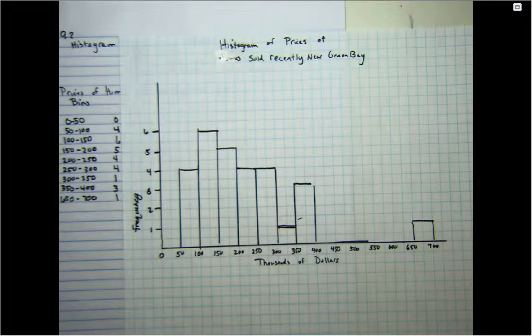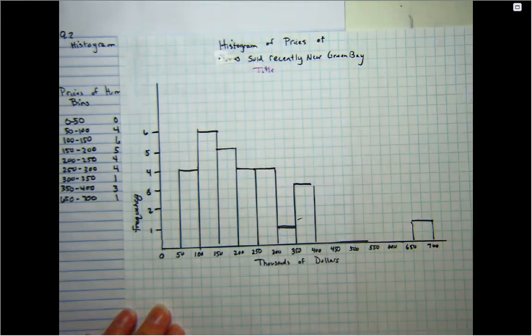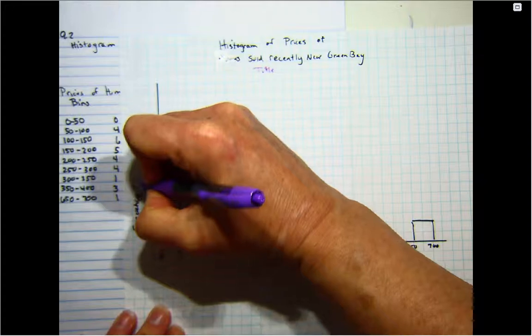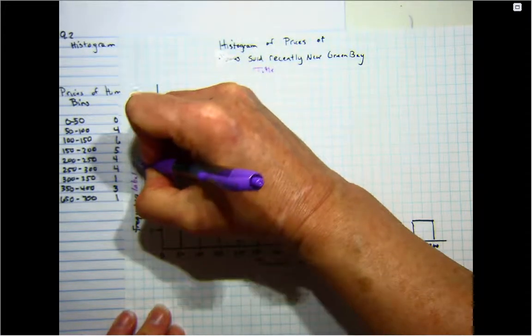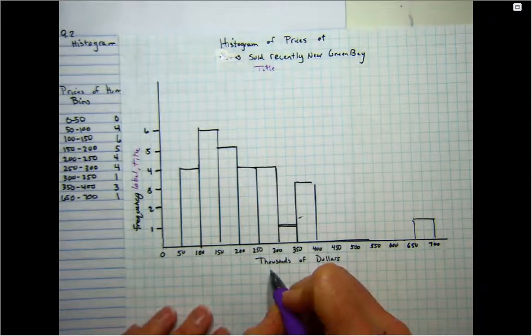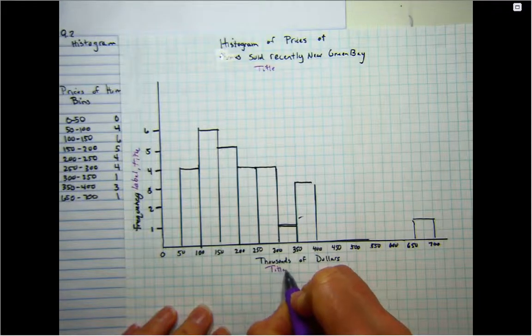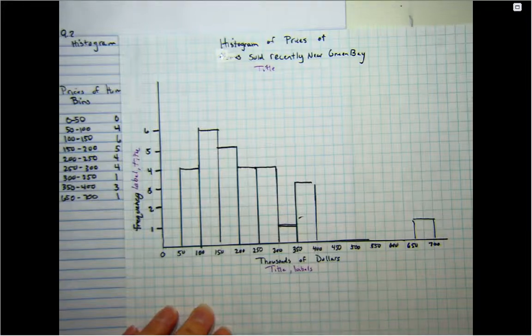Let's go ahead and label the parts that I'll be looking at to grade you on when you do this on your quiz, so that you can make sure you have it, okay? You need the title and the label. So I'll think of the title as the word frequency and the label as the numbers, okay? So you have the title is the thousands of dollars, and then the labels are the numbers.